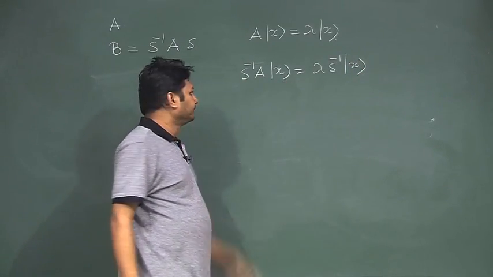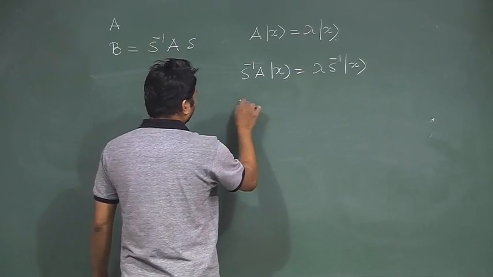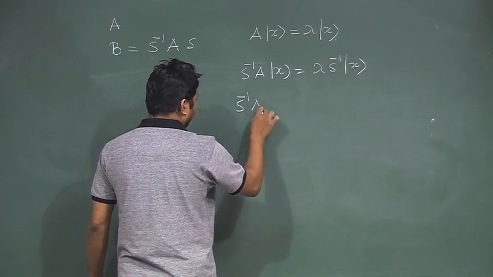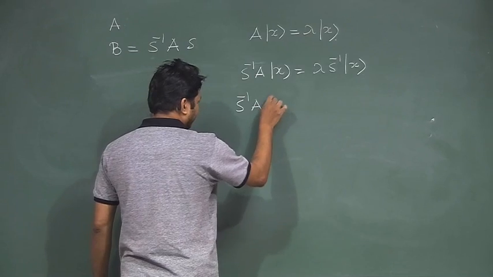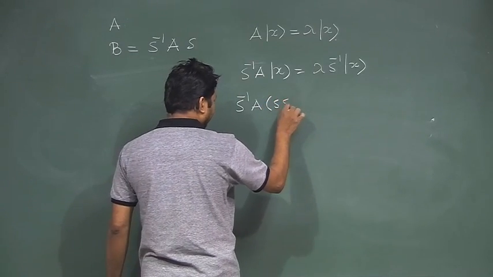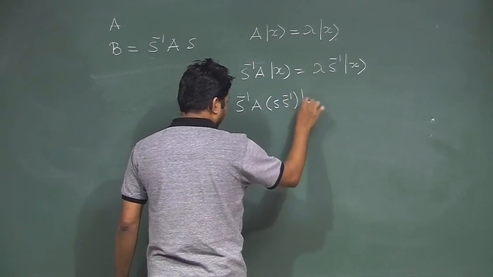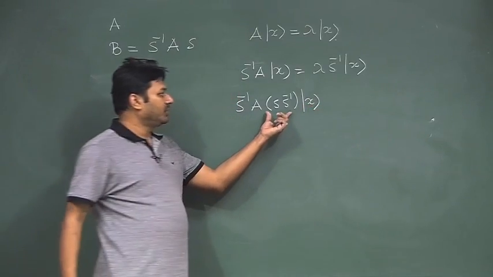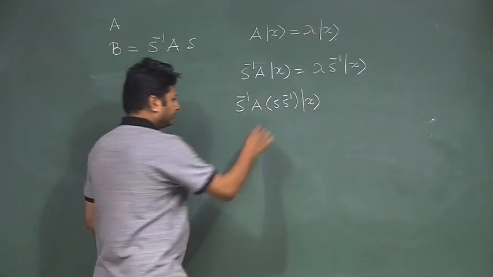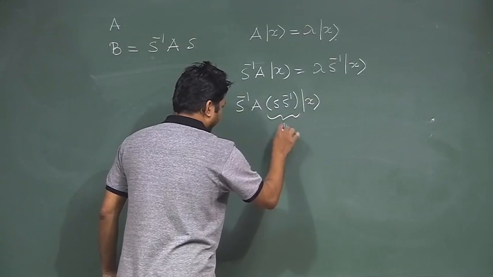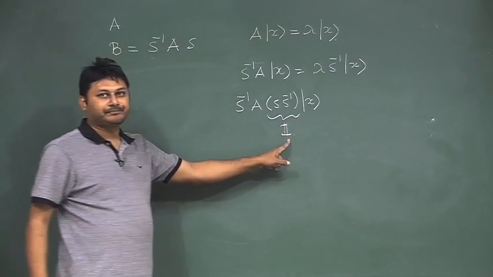Now, what I do is, in this place I put one S S inverse. I can do that because S S inverse is unity.